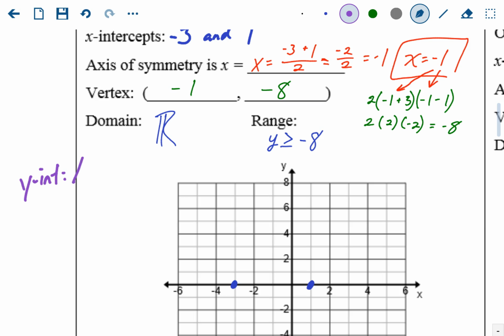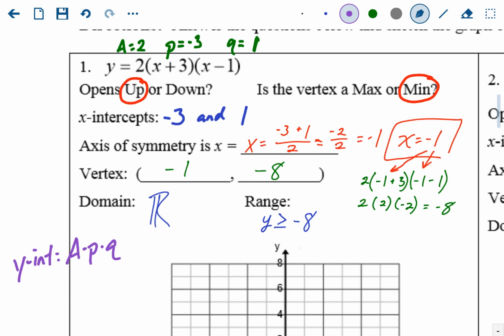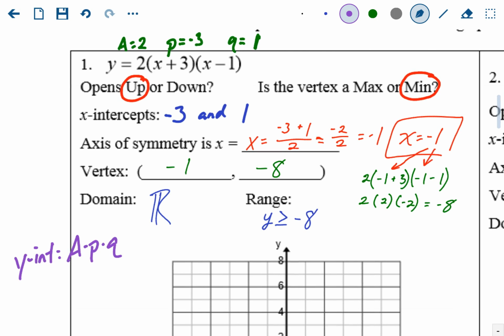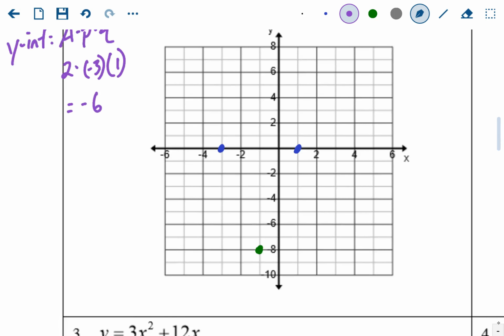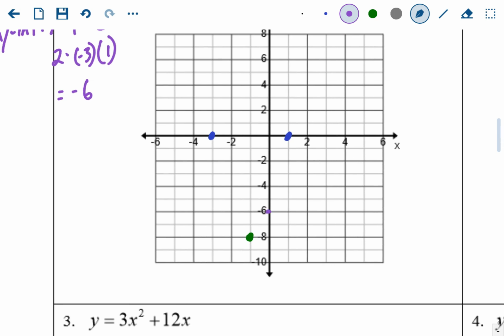But remember, the y-intercept is A times P times Q. Our A value is 2. Our P value is negative 3. And our Q value was positive 1. So that means our y-intercept is negative 6. So we graph that point.